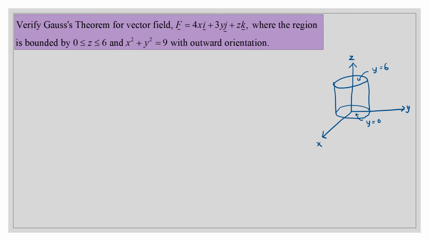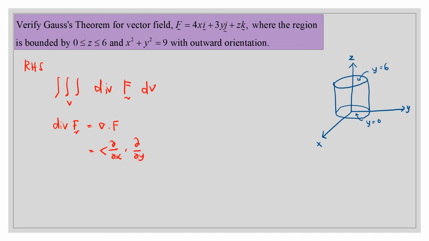Okay, next for the right hand side, the triple integral of div f dv. Remember what you have learned about the del operator, div f, or you can write del dot f. So (del x, del y, del z) dot f, which is (4x, 3y, z).